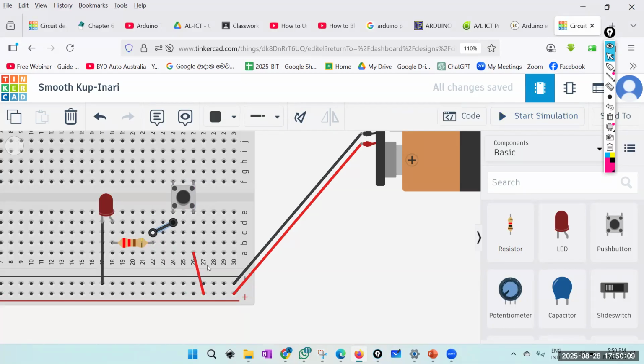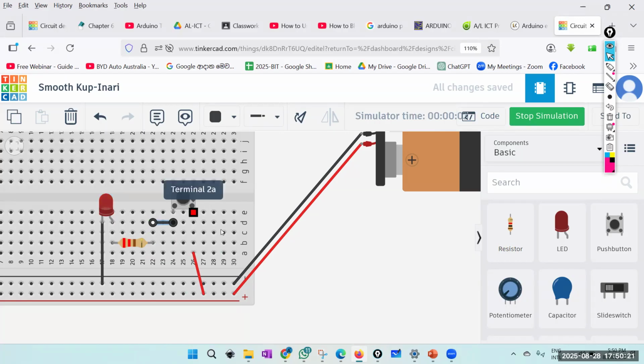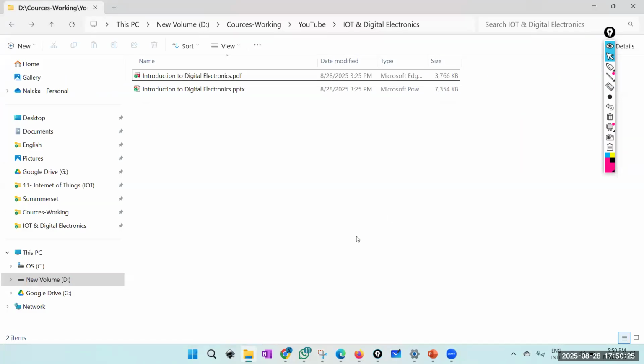I need to stop the simulation; while it is simulating, you can't change. And still it is the same result, right? When you push, it works. Okay, right. Any questions?